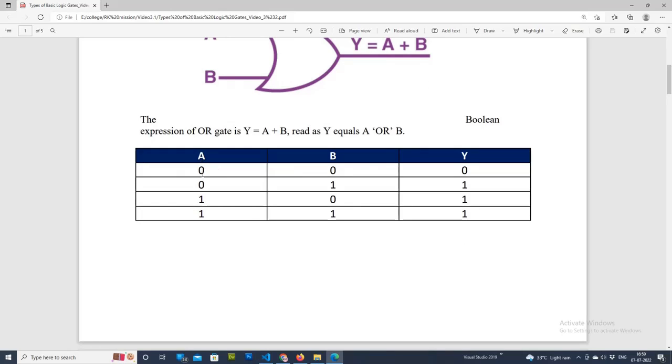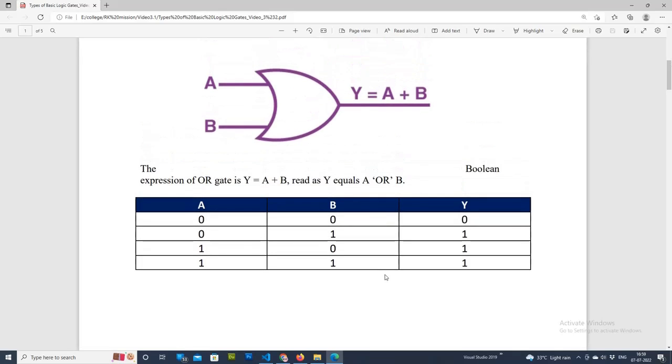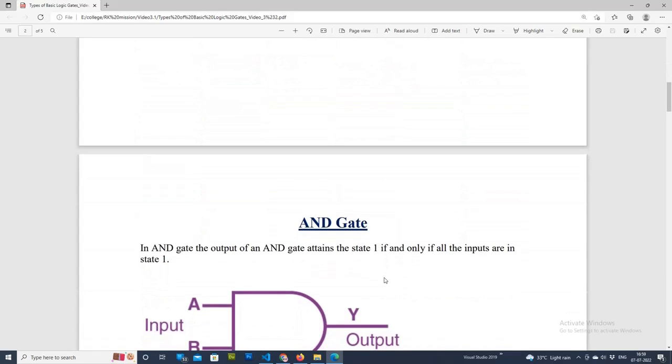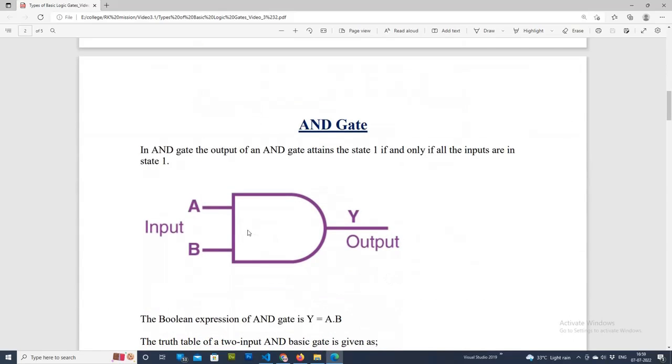A has the input 0 0 1 1, B has the input 0 1 0 1, and the output is y. So 0 plus 0 equals 0, 0 plus 1 equals 1, 1 plus 0 equals 1, and 1 plus 1 equals 1. We have seen this type of mathematical equation in the previous part.